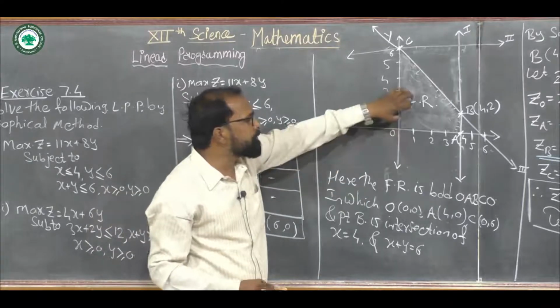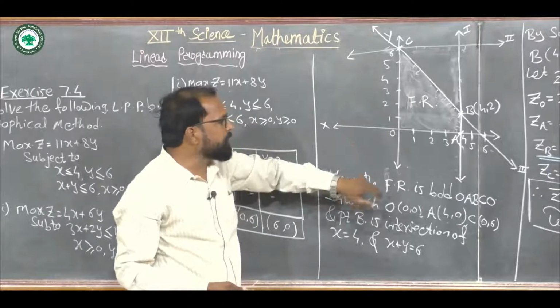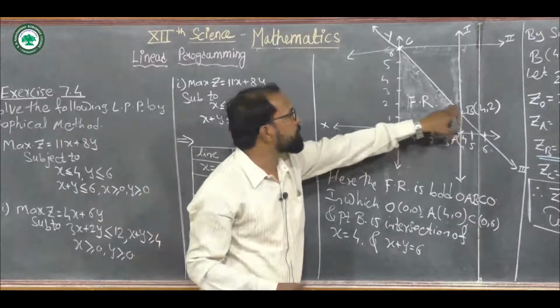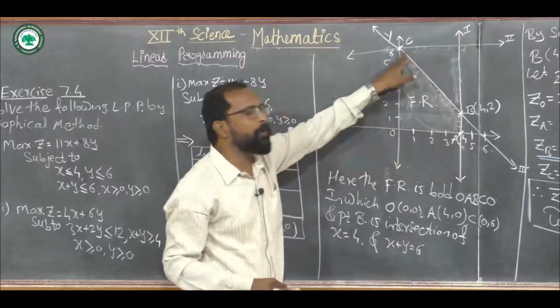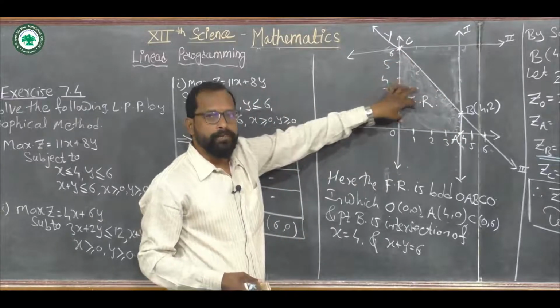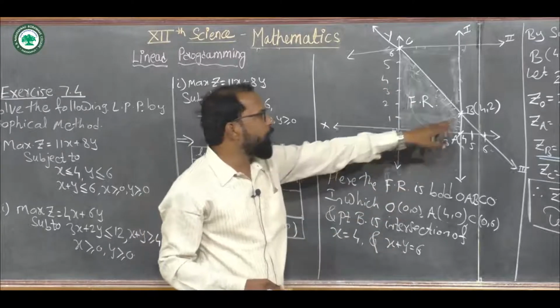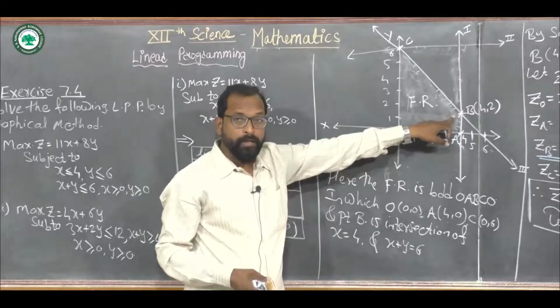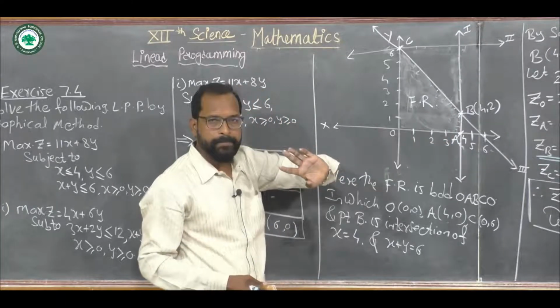After finding this feasible region, we write the coordinates of the corner points of the feasible region. In some cases, like here, the point B is the intersection of two lines.